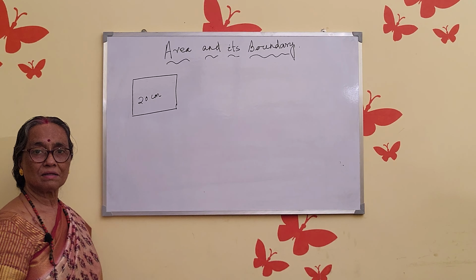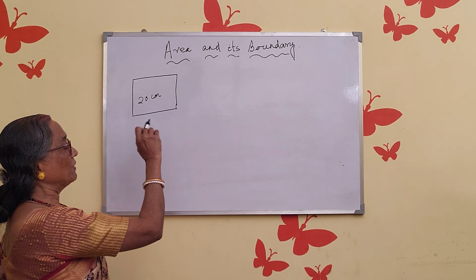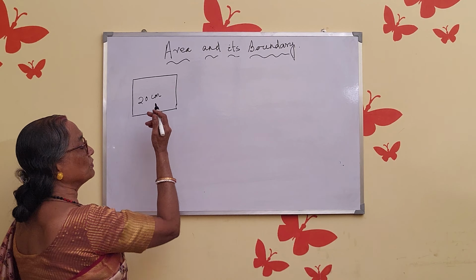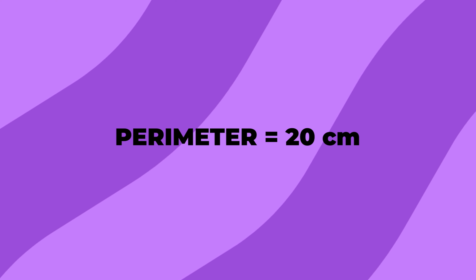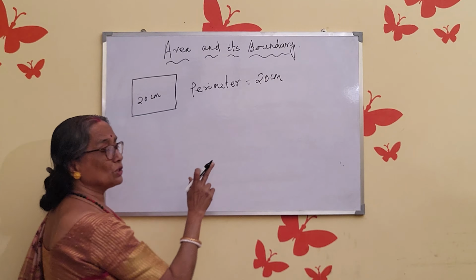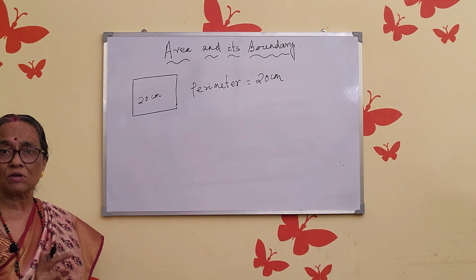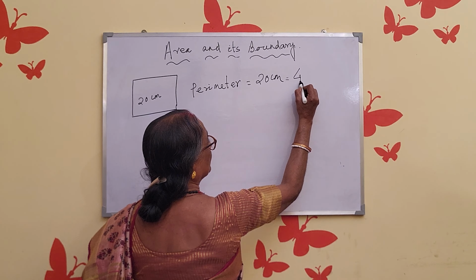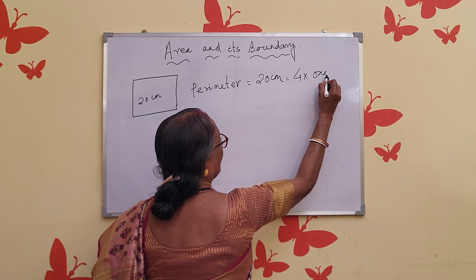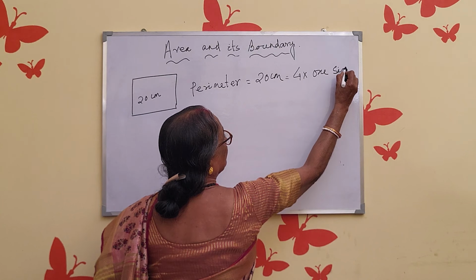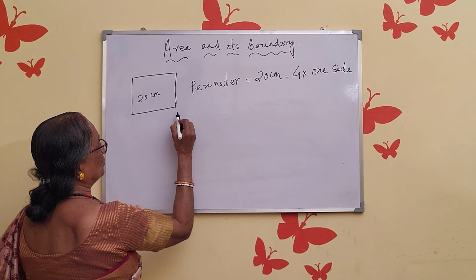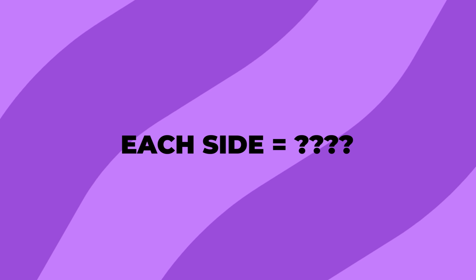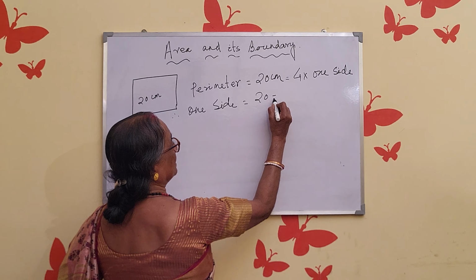Fencing means its boundary. Boundary means its perimeter. Therefore, what is given here? Perimeter is 20 centimeter. You know that perimeter of a square is 4 into one side. 20 centimeter is equal to 4 into one side. Therefore, each side is 20 divided by 4.